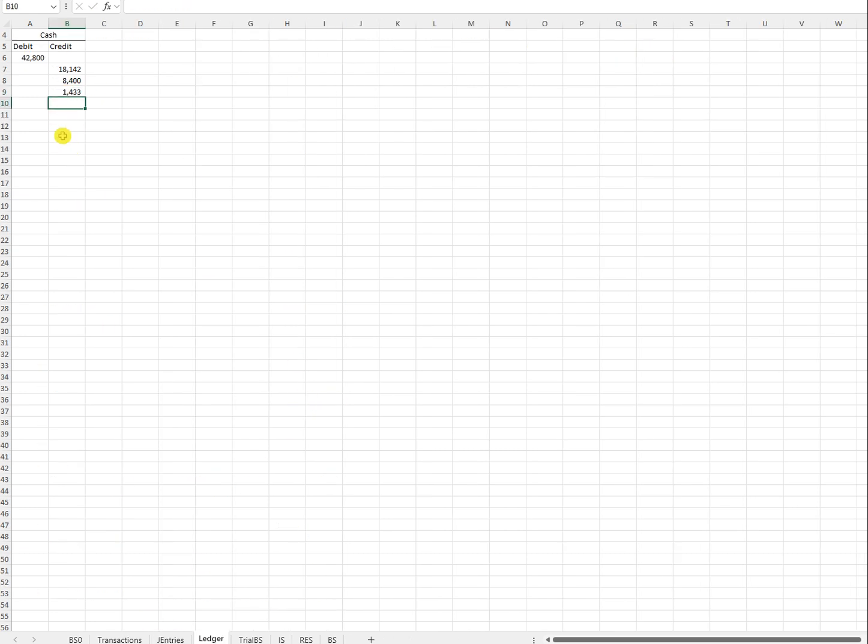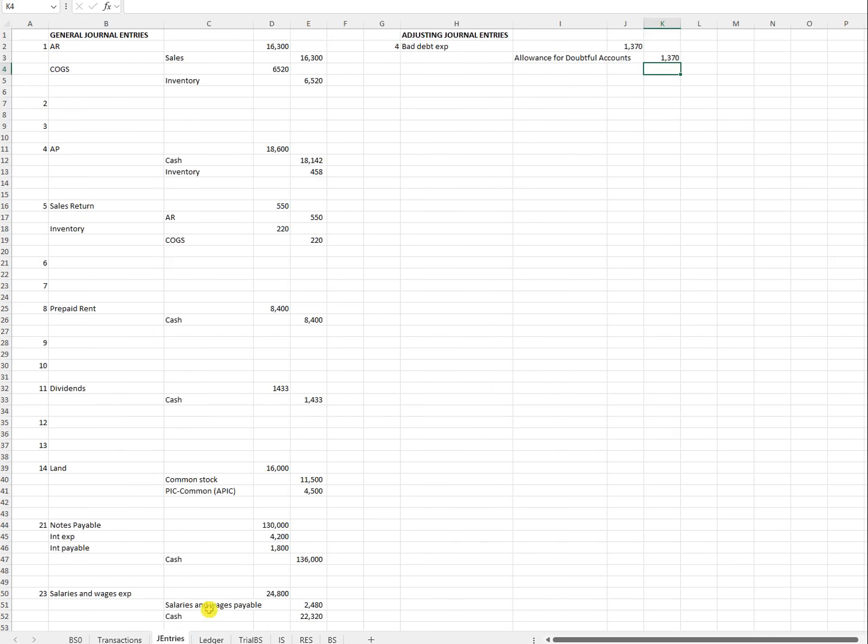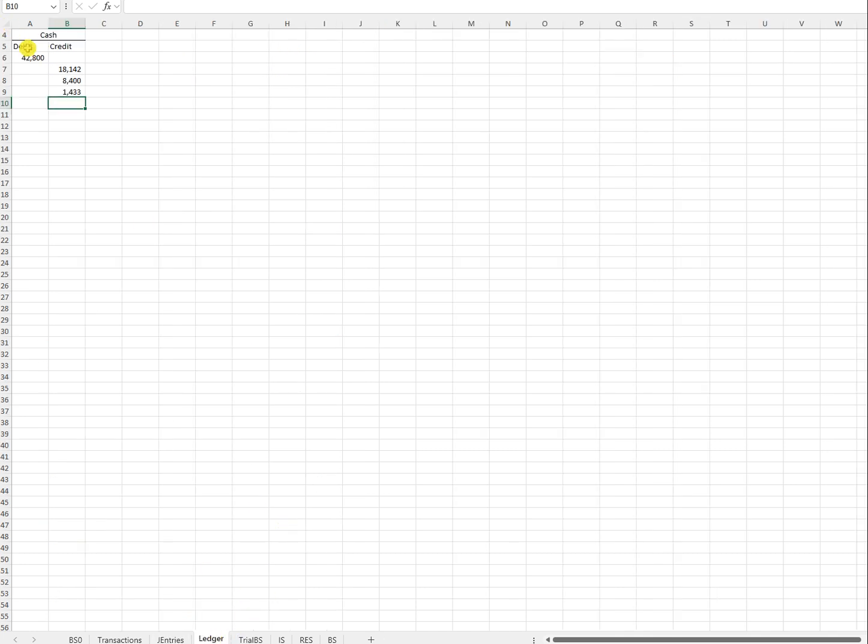The journal entries are not complete here, but if you have a complete list of journal entries, you should identify all the asset debits and all the asset credits, and then you're going to have an ending balance for sure. It's on the credit side.